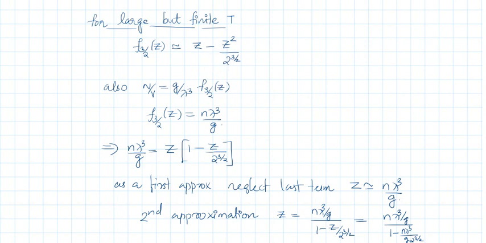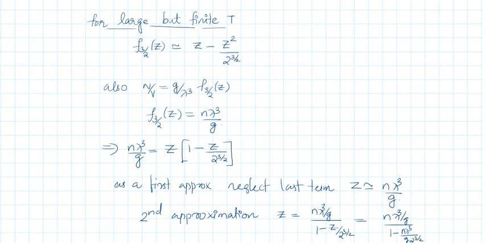But n/V is equal to g/λ³ f_{3/2}(z). So, f_{3/2}(z) is equal to nλ³/g. Substitute here. So, nλ³/g equals z into 1 minus z divided by 2^{3/2}. As a first approximation, neglect this last term and you write z as nλ³/g.